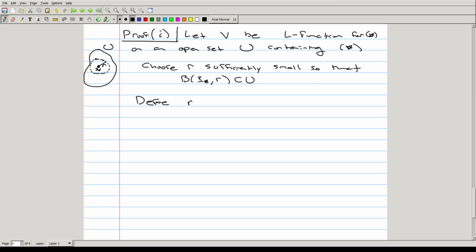Define M to be the minimum of the Lyapunov function on the boundary of this open ball.